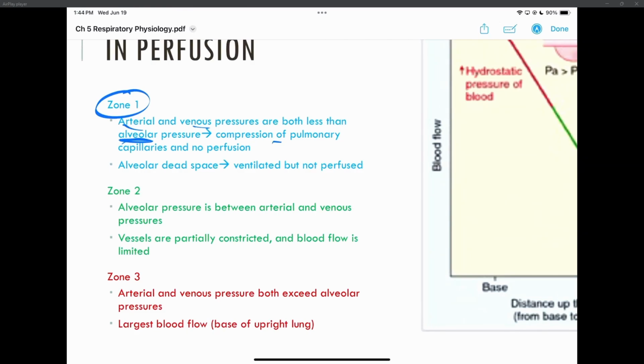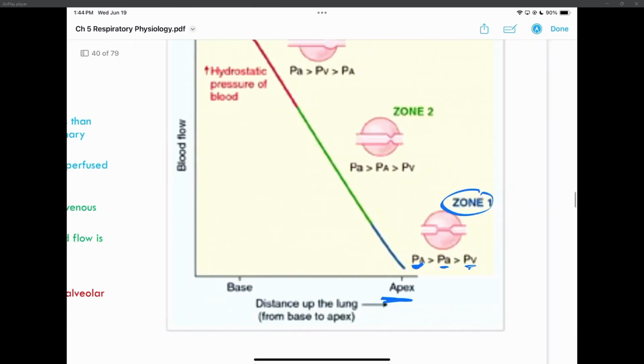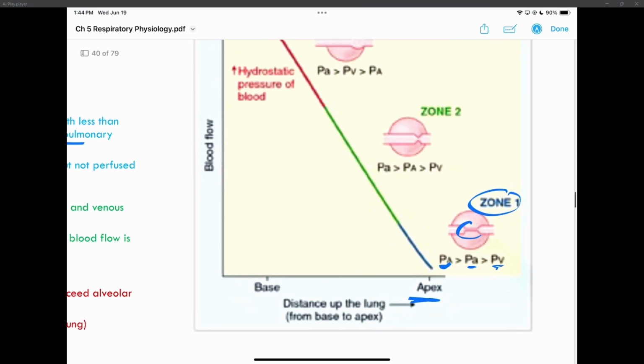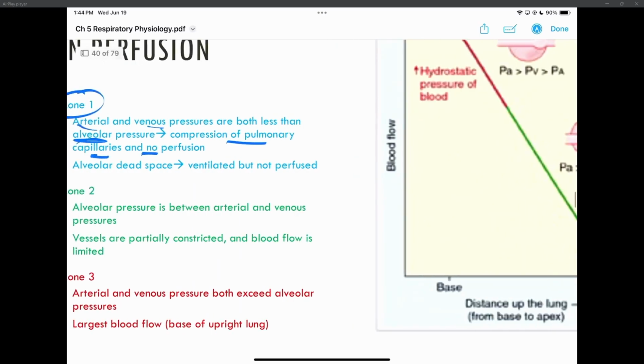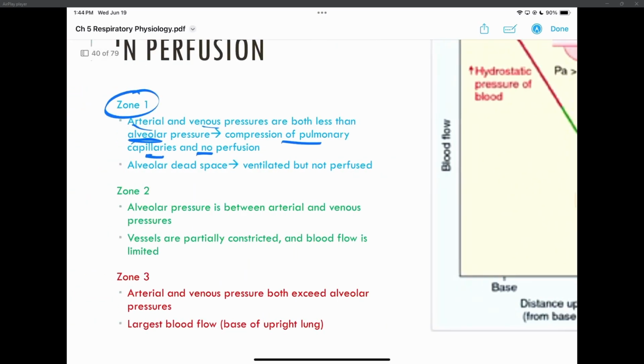We get compression of pulmonary capillaries, no perfusion. So in zone 1, you can see here, we're clamped off. So zone 1 is ventilated but not perfused. It's called alveolar dead space.